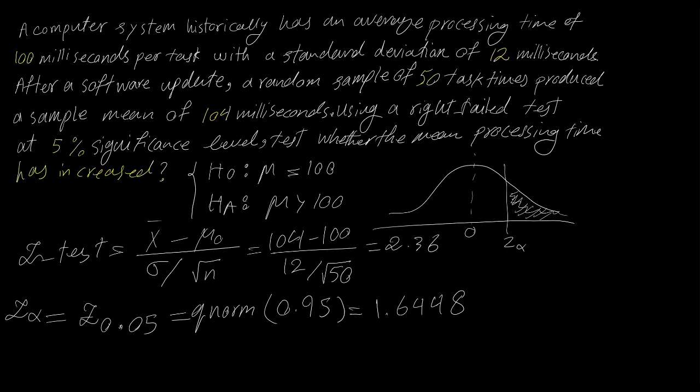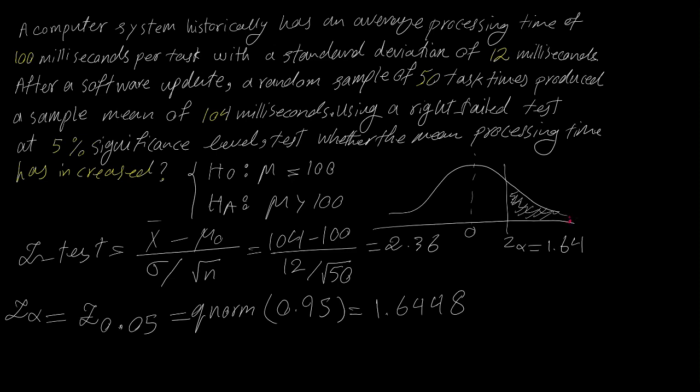Now our job is to compare the z-test with z of alpha, to see if the z-test is greater than z of alpha or less. If it's greater than z of alpha, then we are in the rejection area and we need to reject the null hypothesis. Let's see. Here I know that z of alpha is 1.64, and the z-test is 2.36.